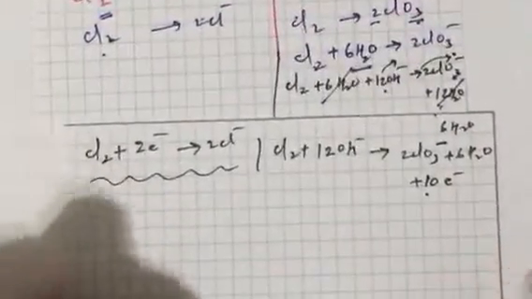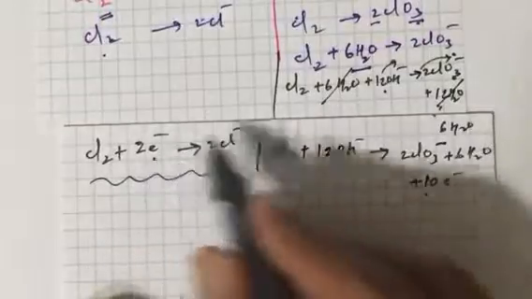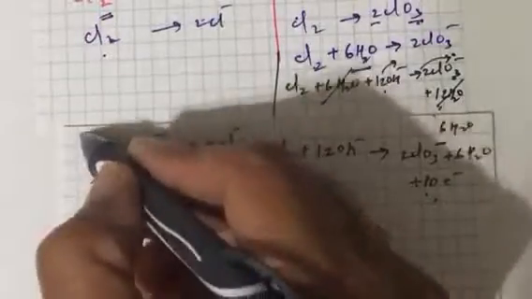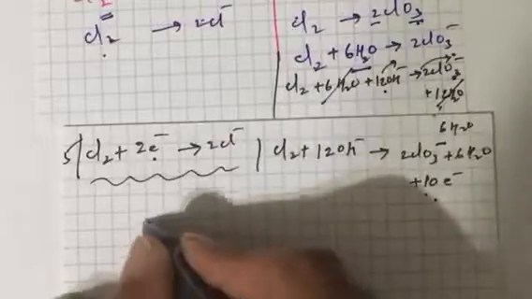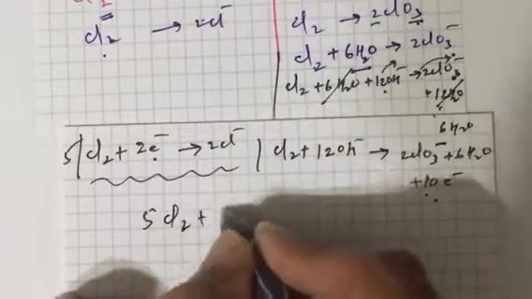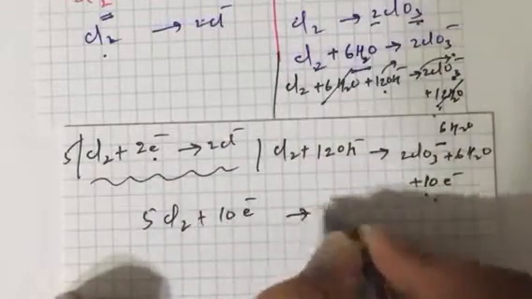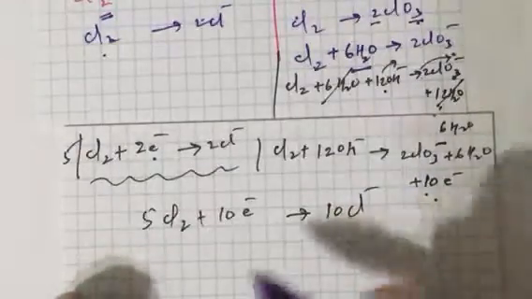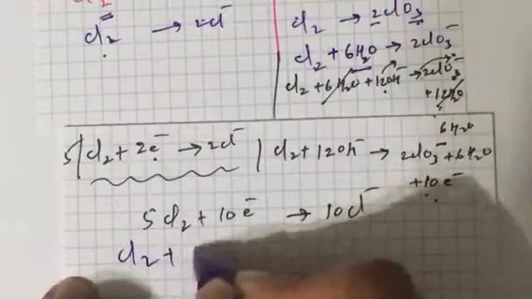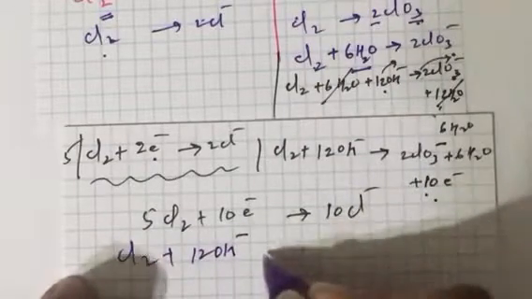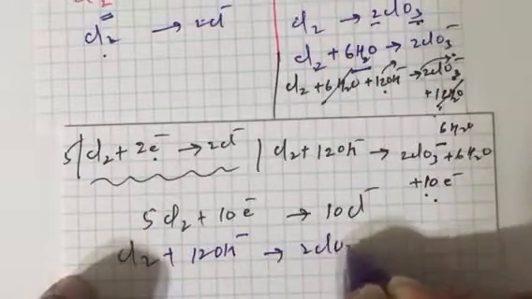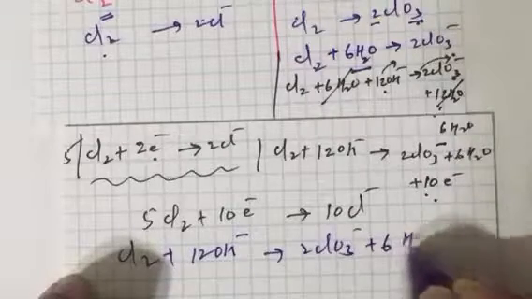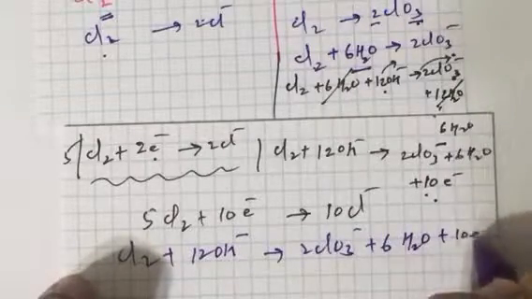Now I have seen that there is 2 electron gain, 10 electron loss. To equate it, multiply with 5 and then add: 5 Cl2 plus 10 electrons gives 5, 2s are 10 Cl minus. To this I will add Cl2 plus 12 OH minus gives 2 ClO3 minus plus 6 water plus 10 electrons.